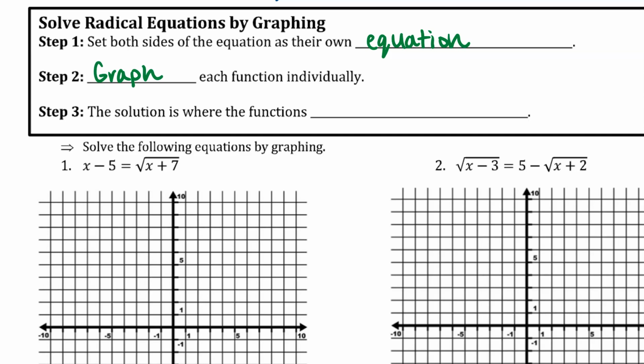And then the solution is where the functions intersect. So far, nothing is different from when you graph a system of equations. We just might be graphing some radical functions or something else, and we're just going to see where they intersect. So honestly, not awful.